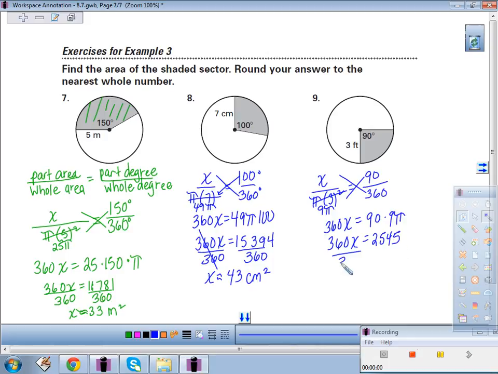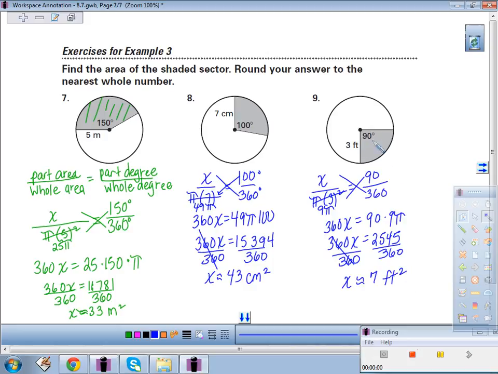Divide by 360 now. So here we're going to get 45 divided by 360, about 7 square feet.